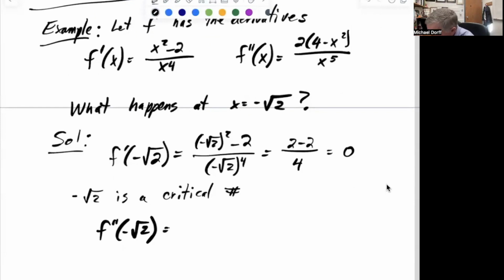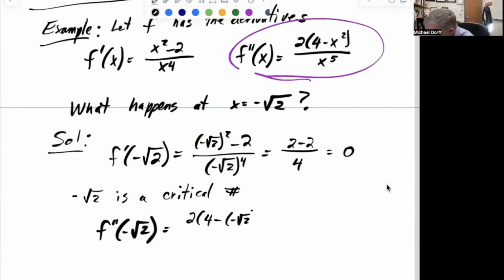So I'm going to use my second derivative, which is up here. When I do that, I get 2 times 4 minus negative square root of 2 squared all over negative square root of 2 to the fifth. So in the numerator, I get 2 times 4 minus, again, negative square root of 2 squared is going to be positive 2, so I get 4 minus 2.